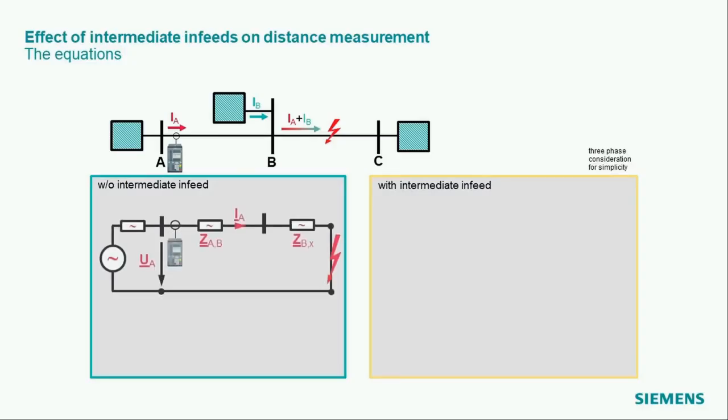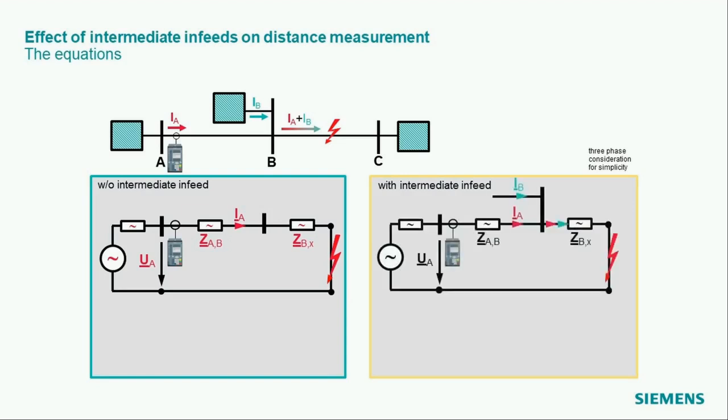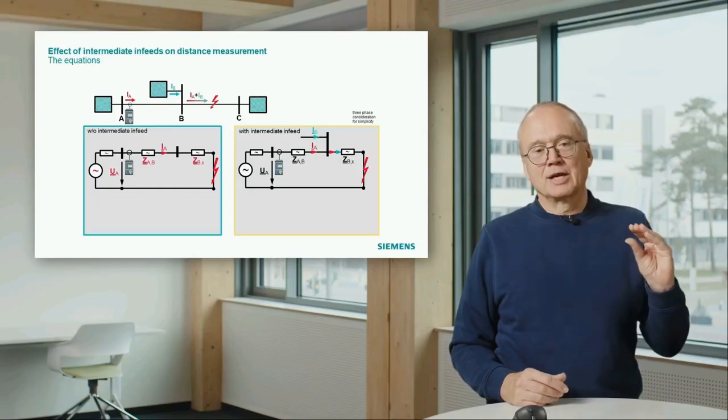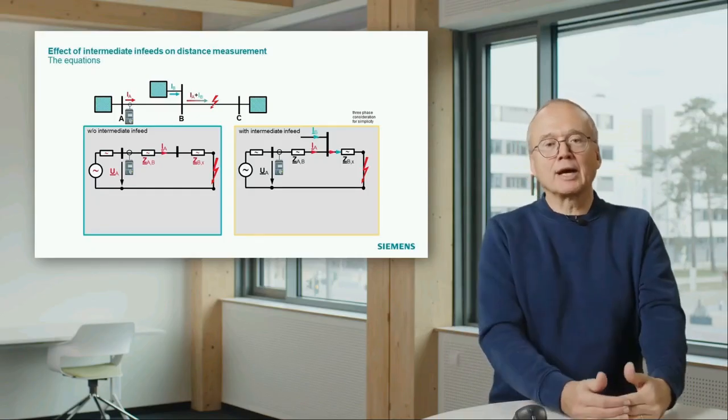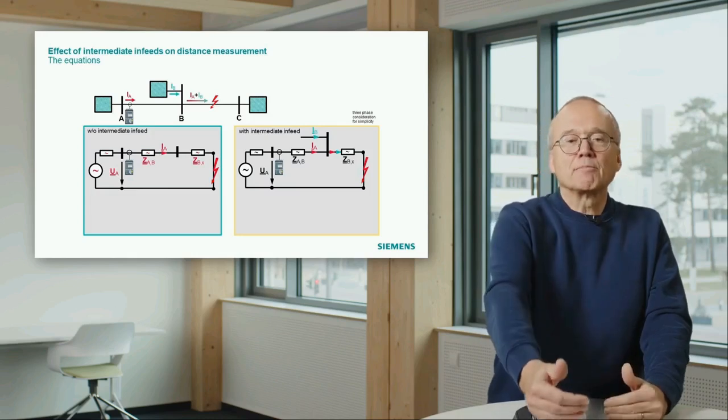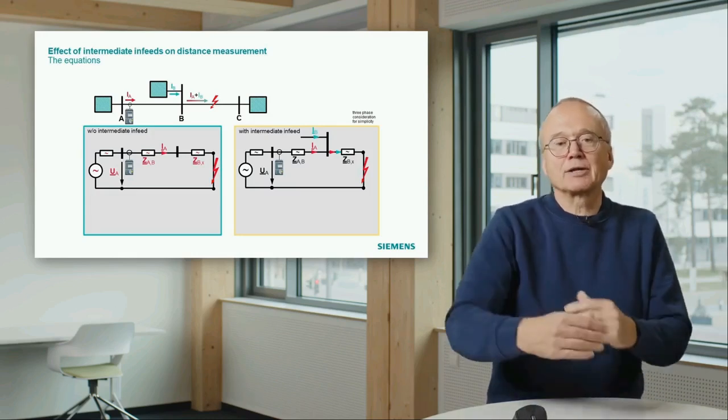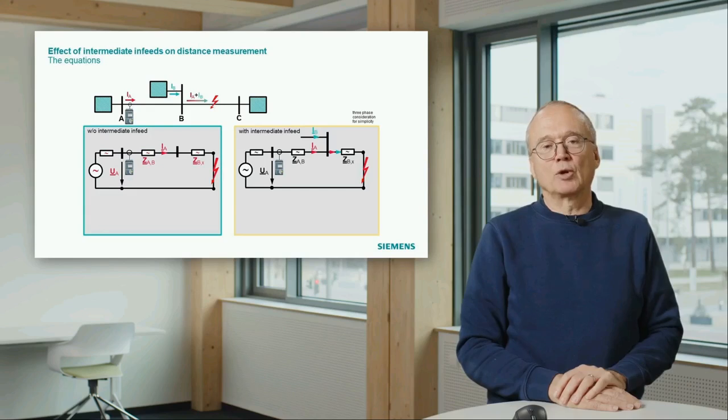You can again set up equations as we did for the faults with fault resistance. On the left hand side you see the equivalent diagram for the situation without intermediate infeed. Our relay measures the impedance of its own line plus the impedance of the part of the next line up to the fault.